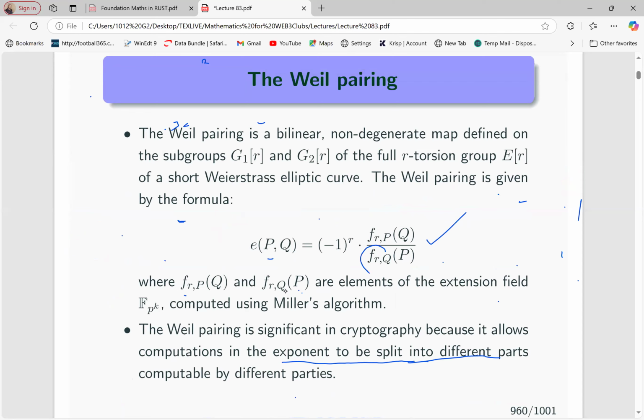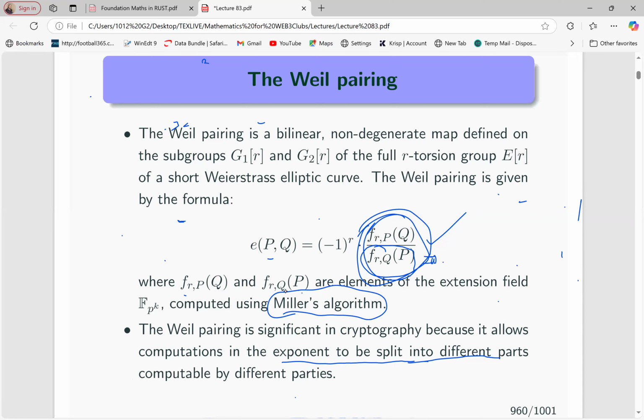And when the denominator is 0, it means that this result is not there. You cannot divide by 0.